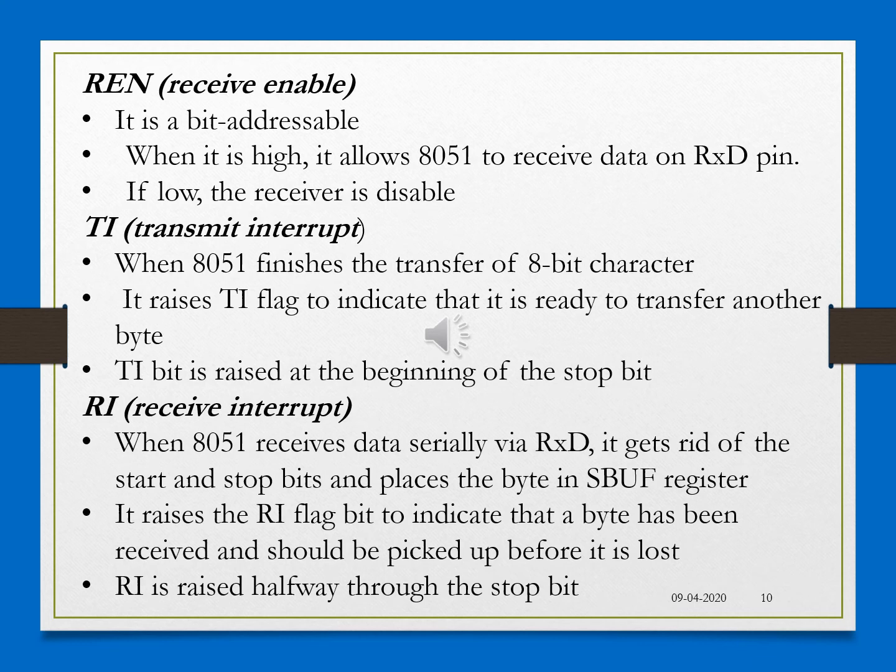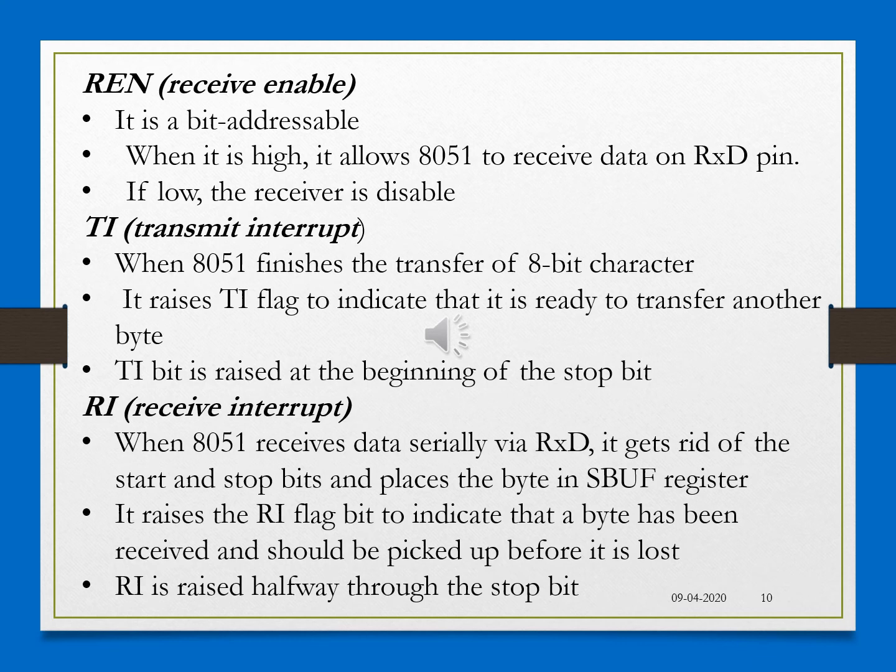Okay. Then TI, transmit interrupt. As explained, after the 8051 finishes the 8 bits of data transmission, the TI flag will be made high. It becomes high to indicate that the data has been transmitted. So it's a hardware control, in fact.